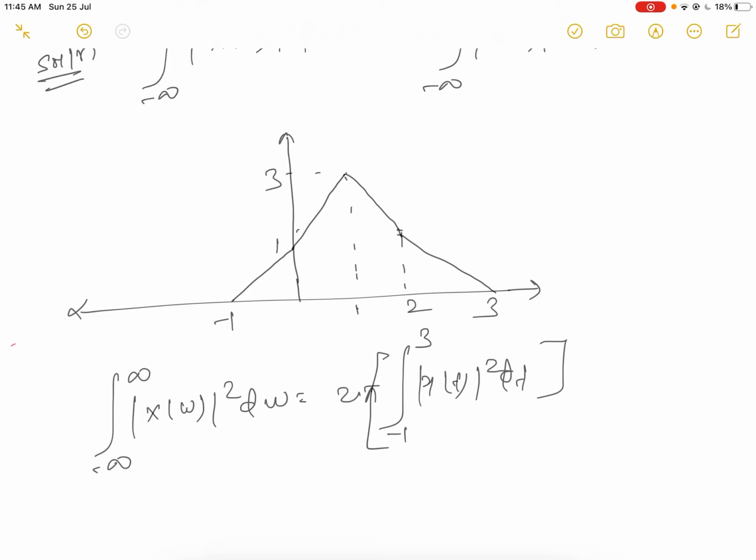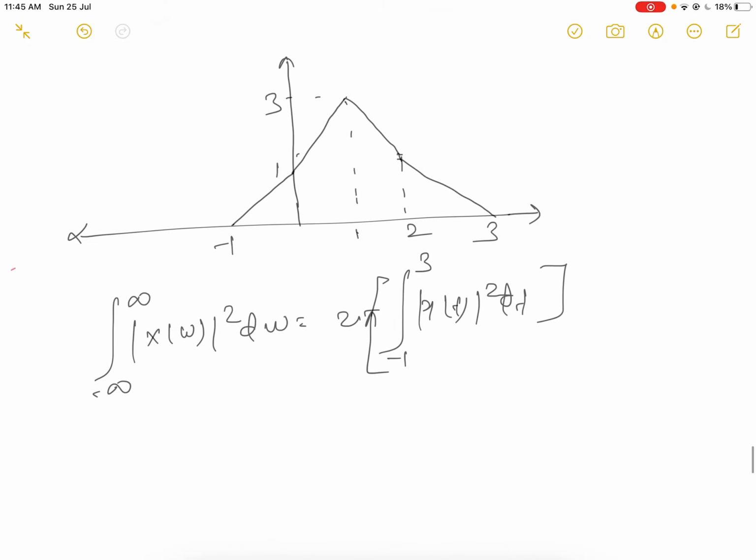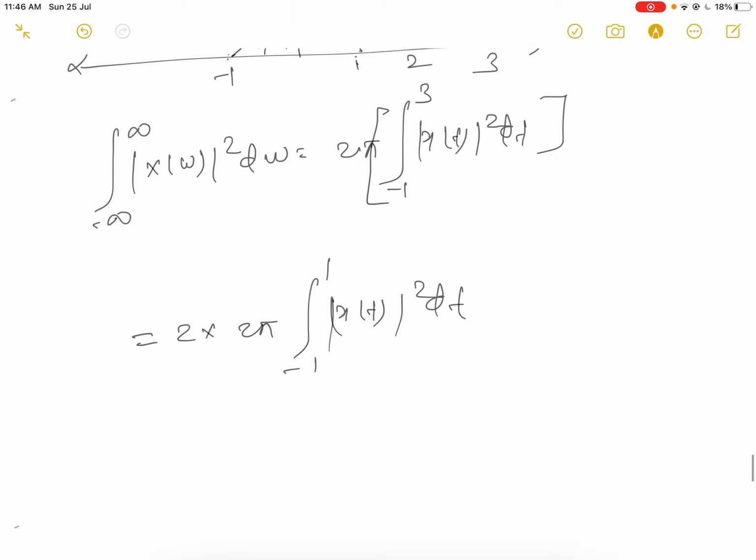Check it. When you take the area under this curve from minus 1 to 1 and multiply by 2, you will get the area of the whole curve, since integration is nothing but area. So multiply by 2, and it is 2 pi times the integral from minus 1 to 1 of |x(t)| squared dt.